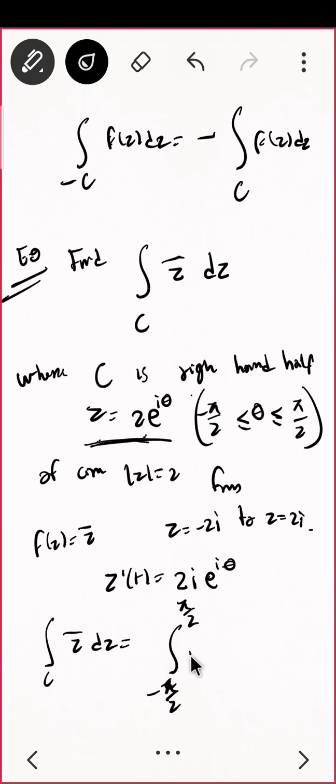So f of z, where z is 2 e raised to i theta, so it will be the conjugate, e raised to i theta bar, multiplied by z bar, correct, multiplied by 2i e raised to i theta d theta. This is what you have to solve now.